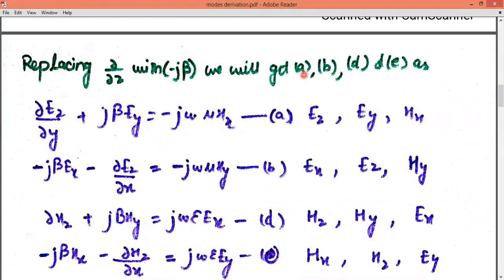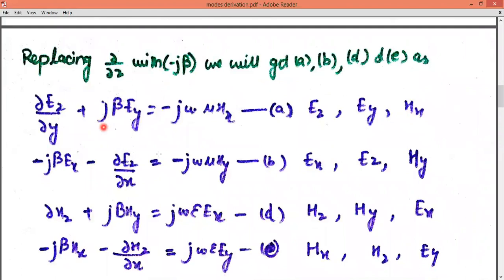After replacing, A, B, D and E are the equations that change, so equation C and the other one will remain unchanged. Otherwise all equations will be replaced by what I wrote above. So these equations will become like this. I have written that A, B, D and E equations will become like this, and C and the other will remain unchanged. Okay. So please go through these individually and practice all of these.